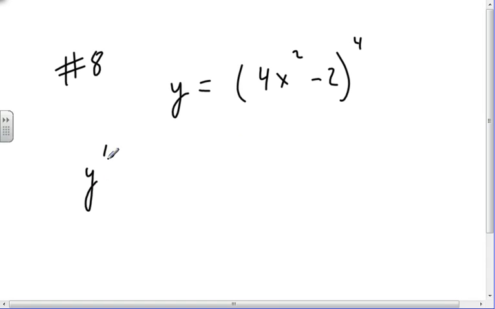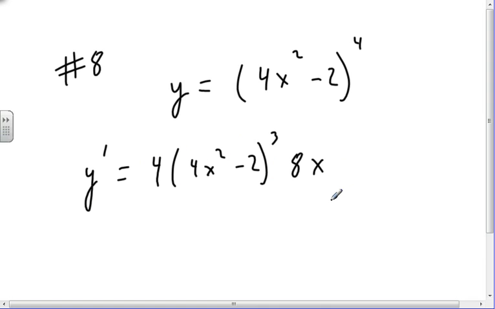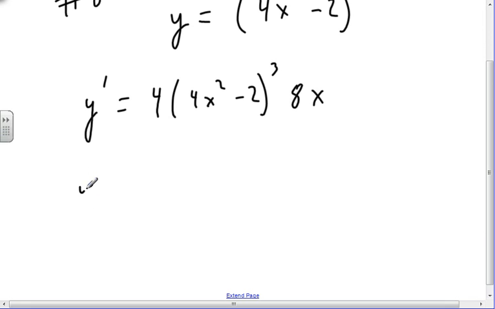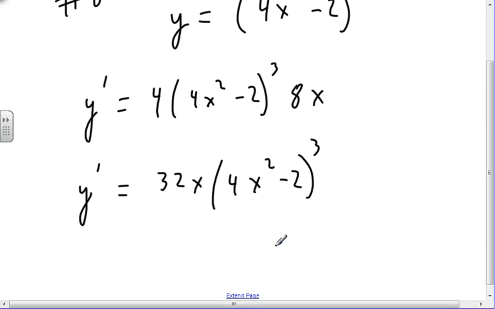Okay, so y prime, 4 times 4x squared minus 2 to the 3rd power times 8x. Okay, now normally I wouldn't combine things, but now I'm going to combine things because that'll make it easier for me. 32x times 4x squared minus 2 cubed.